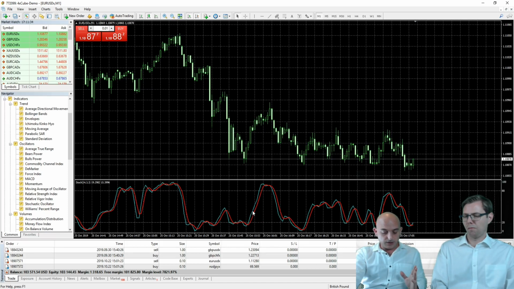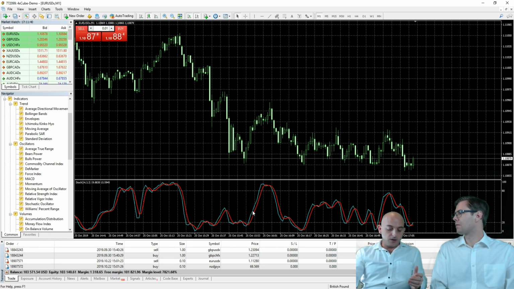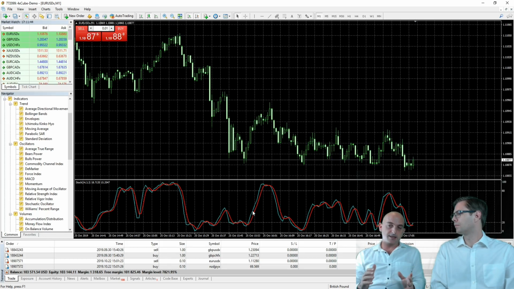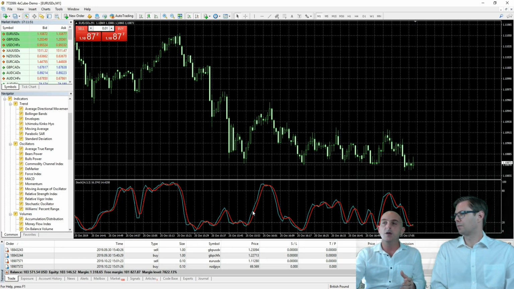It's calculated by using the closing prices of an asset within a specific range or period, which in this case would be 14 periods, which is what I changed our parameters to.